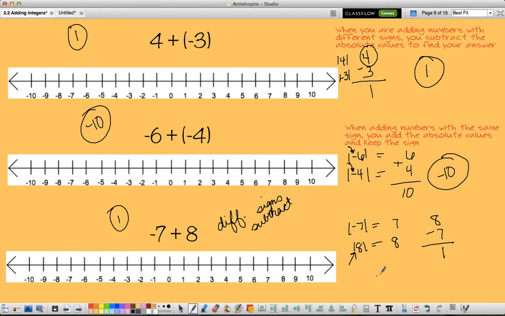Since 8 has the larger absolute value, my answer has to be positive. So my answer is positive 1. Okay, this does seem a little bit tricky and can get a little bit difficult at times and can trip you up a couple of times, but as you practice this, it will make more sense and it will become easier.